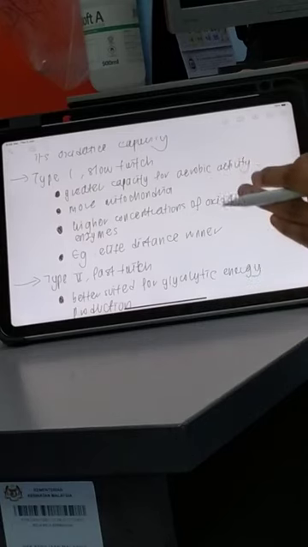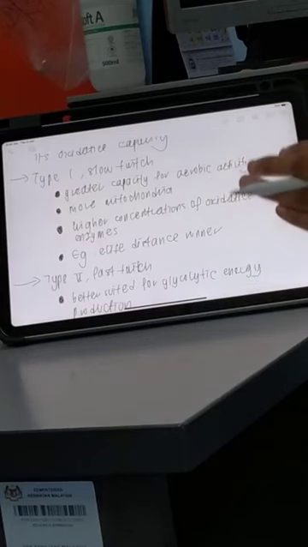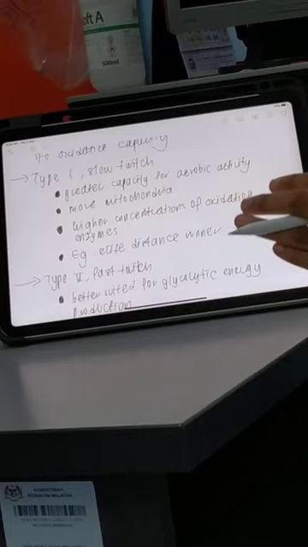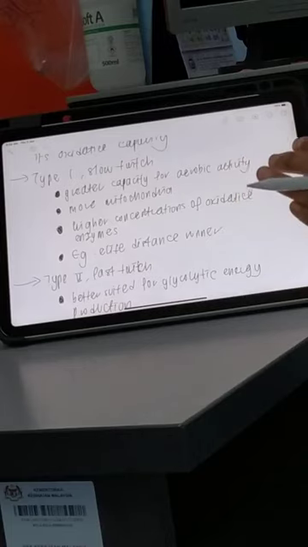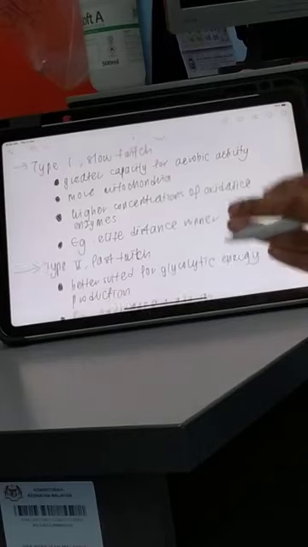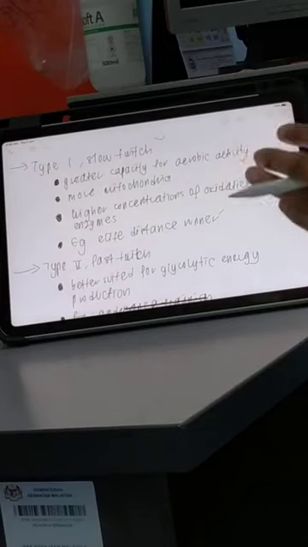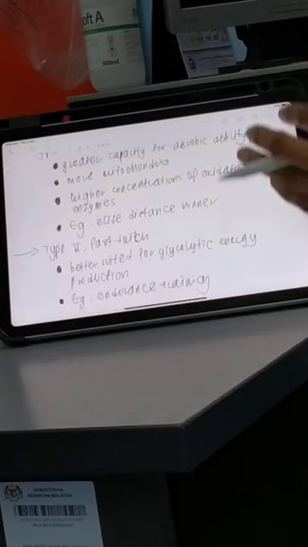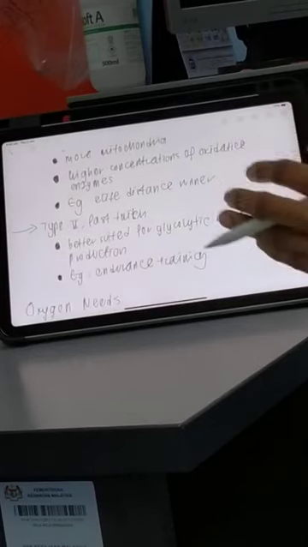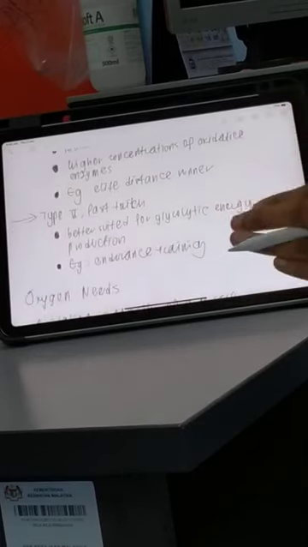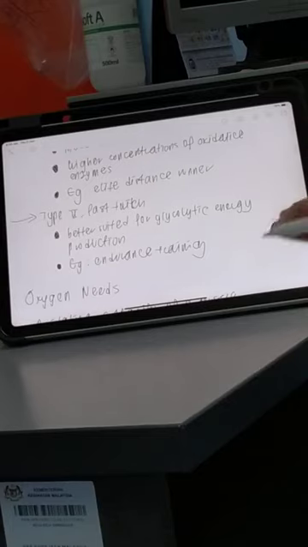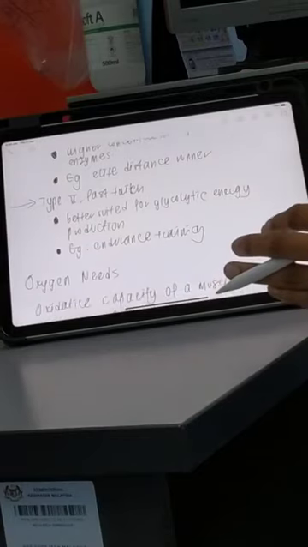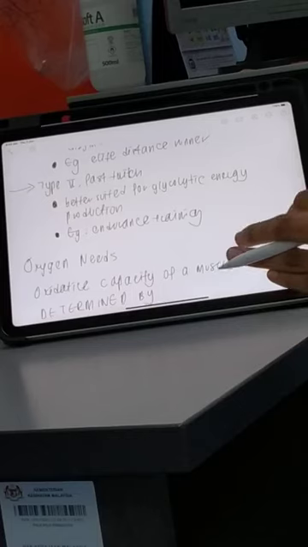Type 1 has a greater capacity for aerobic activity, and it has more mitochondria and a higher concentration of oxidative enzymes. Type 1 is usually found in elite distance runners. Type 2 is usually better suited for glycolytic enzyme production. This is an example for endurance training.